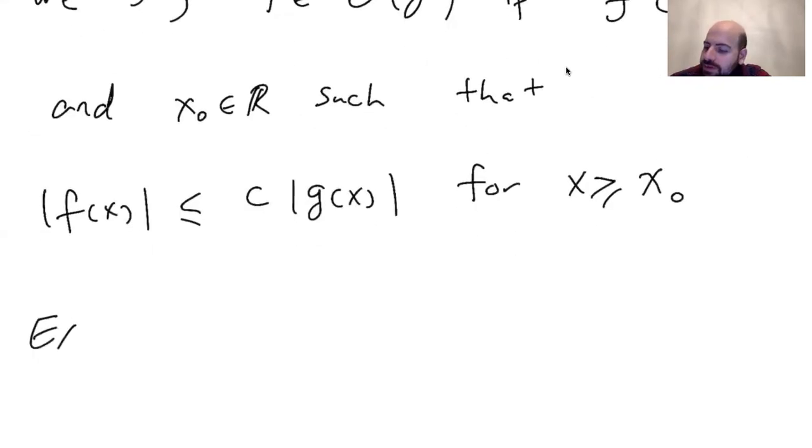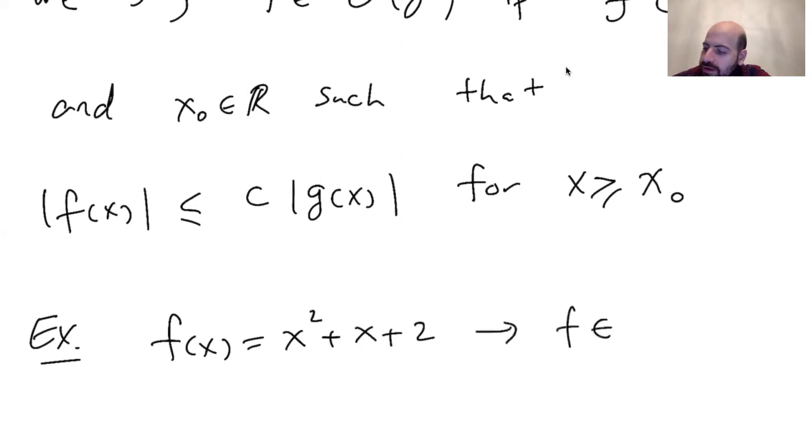For example, let's say f(x) equals x squared plus x plus 2. Then we can say f is O(x squared). Basically, this capital O notation determines the asymptotic behavior of f.